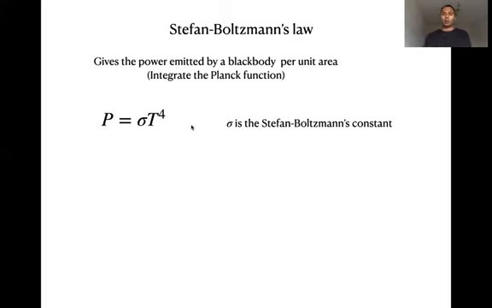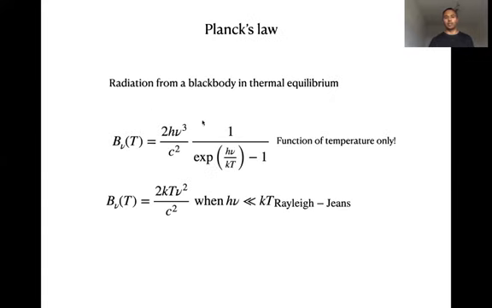The Planck function gives you specific intensity, which also has per unit solid angle and per unit frequency. So you just have to integrate over solid angles and over frequencies.